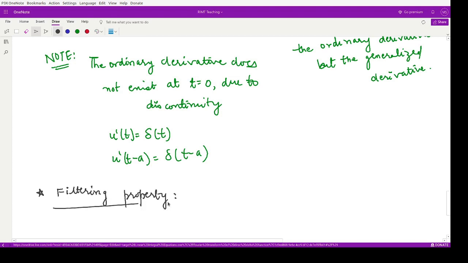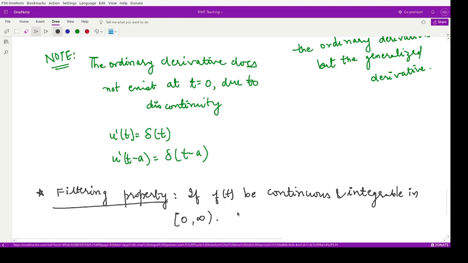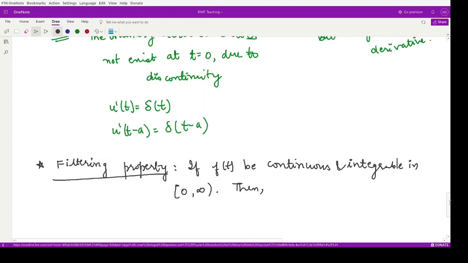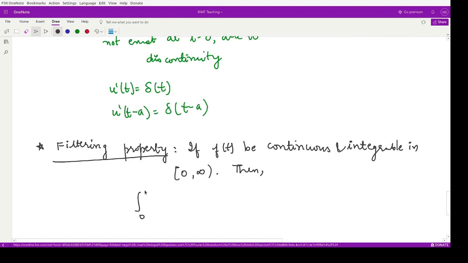This property says that if f of t is any continuous and integrable function in the interval 0 to infinity, then the integration from 0 to infinity of f of t with this shifted version of the Dirac-delta function dt is nothing but the function at that point.